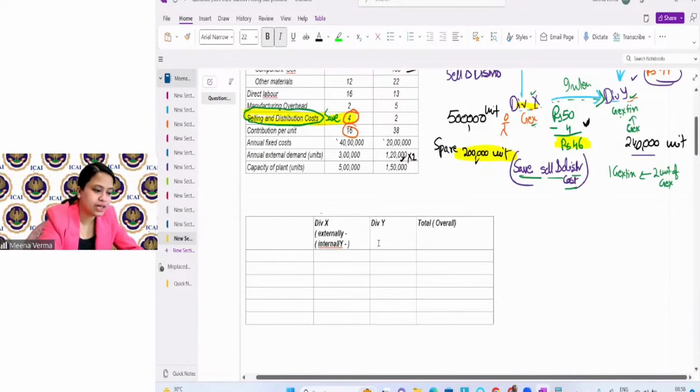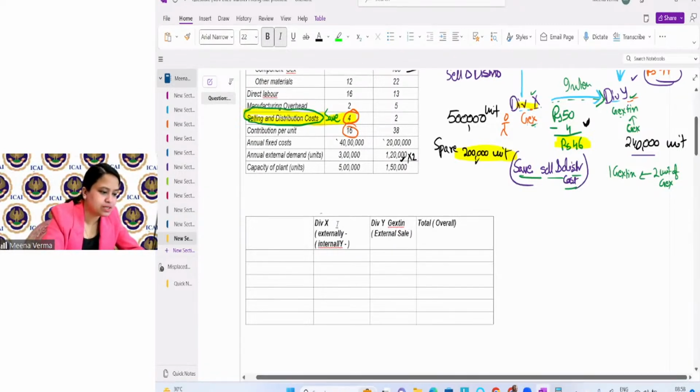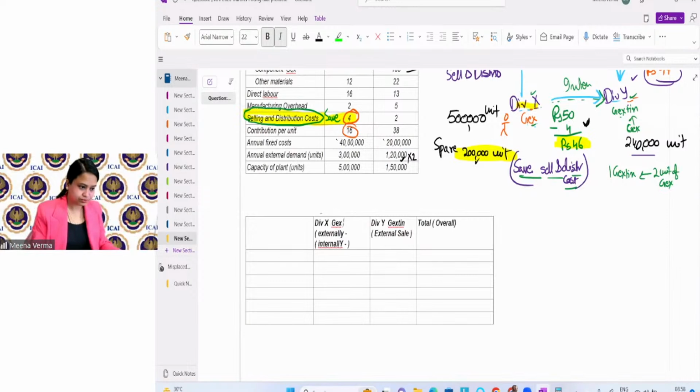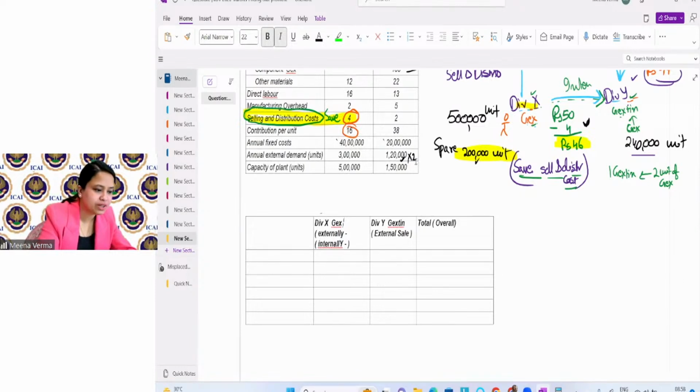And division Y is selling a final unit externally, and that is a complete external sale. Here they are selling the Jix product. Now let's see what their revenue and cost will be in both cases.